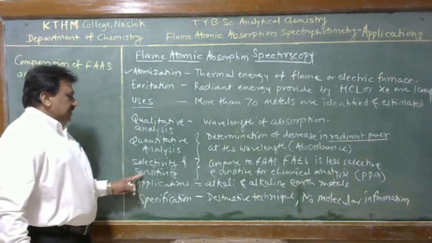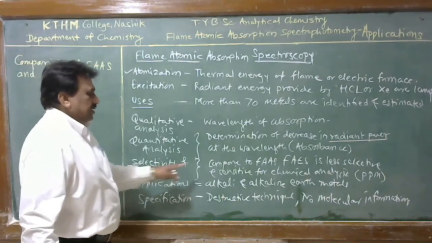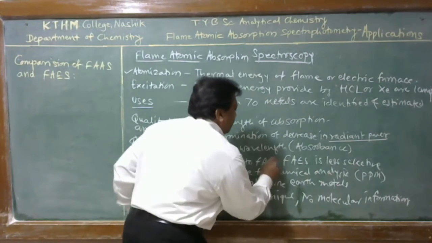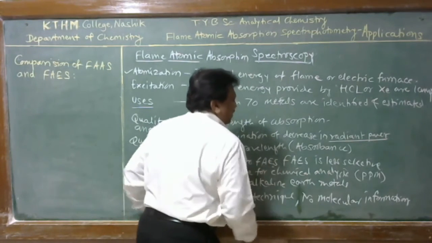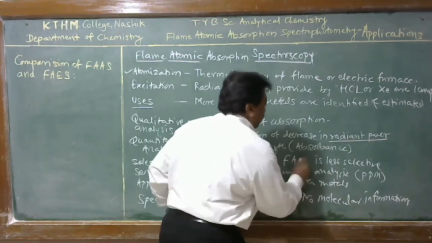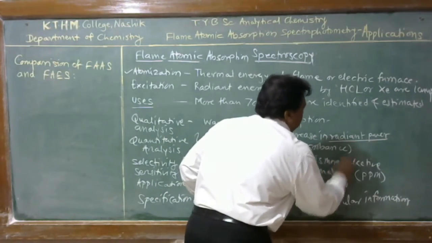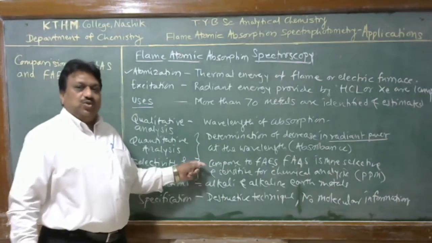If we compare selectivity and sensitivity with flame atomic emission spectroscopy, flame atomic absorption spectroscopy has more selectivity. More selectivity means that here we are using a hollow cathode lamp.